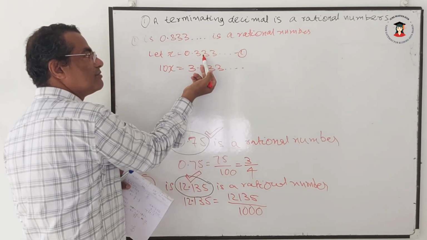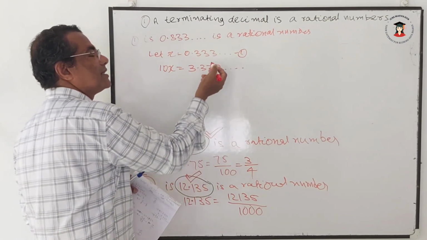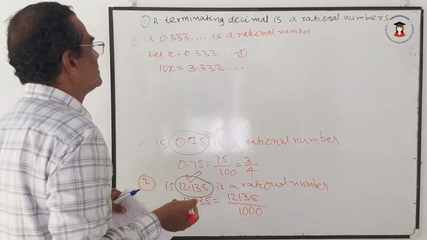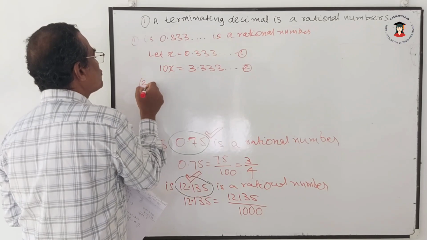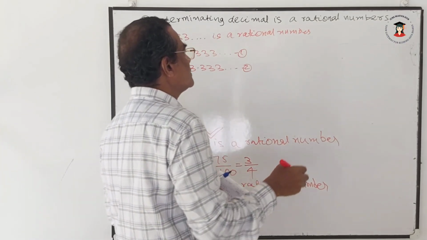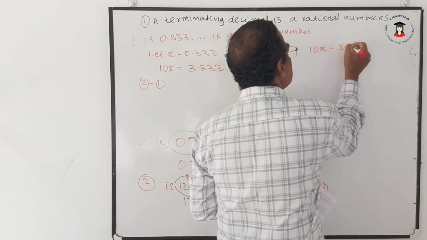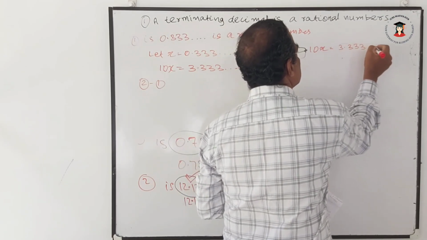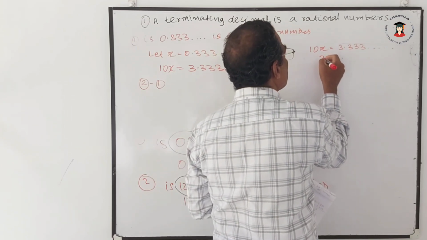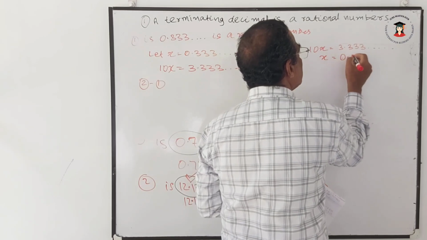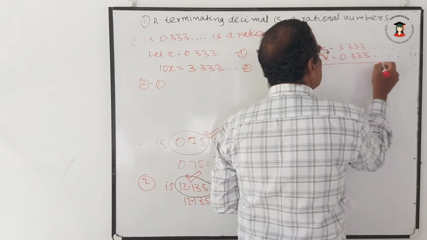There is no practical impact because the digits are infinite. Okay, this is equation number 2. Now 2 minus 1. 10x is equal to 3.333 etc. And equation number 1 is x equal to 0.333 etc. Now subtracting.